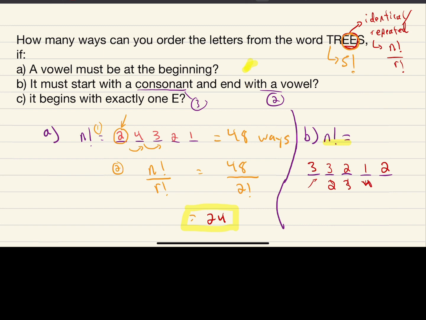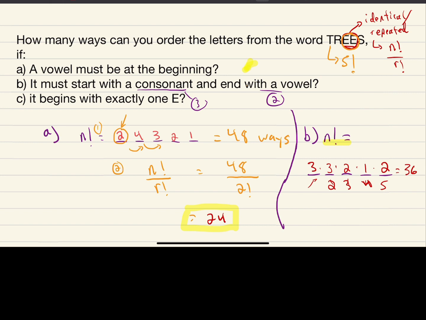And then it has to end with a vowel, in which there are 2 possibilities. So we're going to go 3 times 3 times 2 times 1 times 2, and that is going to give us a total of 36. And that's what n factorial equals.